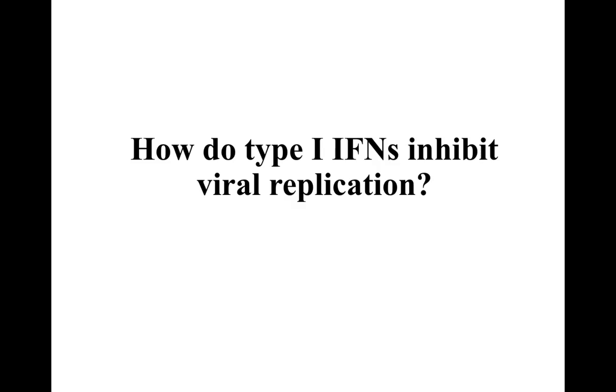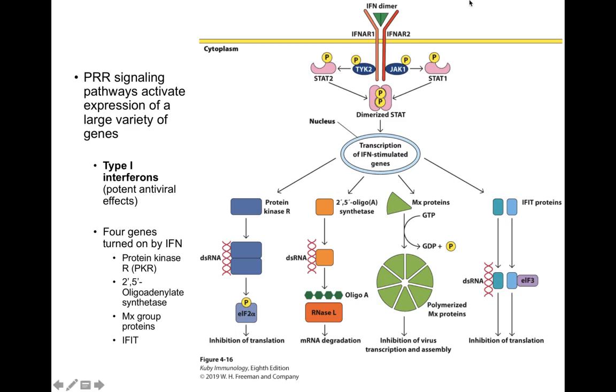How do type 1 interferons actually inhibit viral replication? There are a few pathways that can activate type 1 interferons within those pattern recognition receptors, and once a type 1 interferon is made by one cell, it can act on other cells that have an interferon receptor.